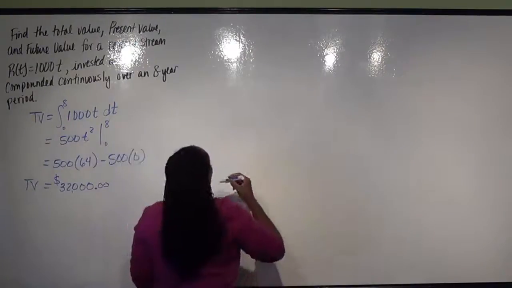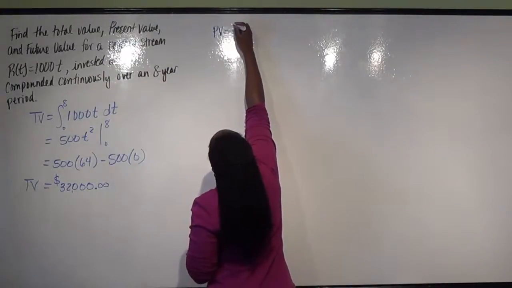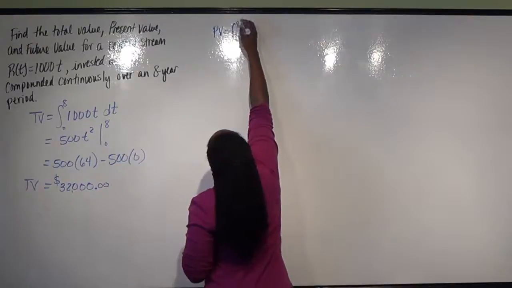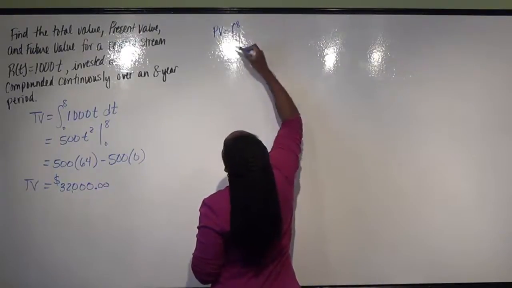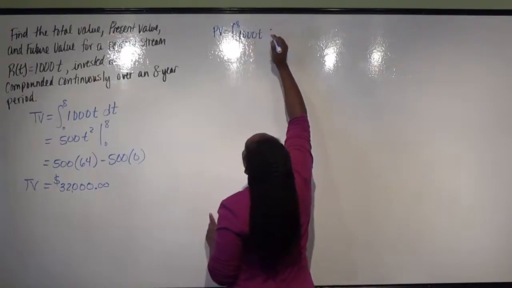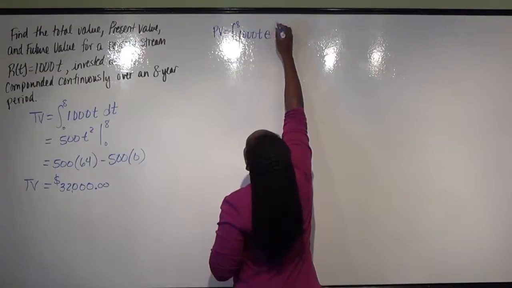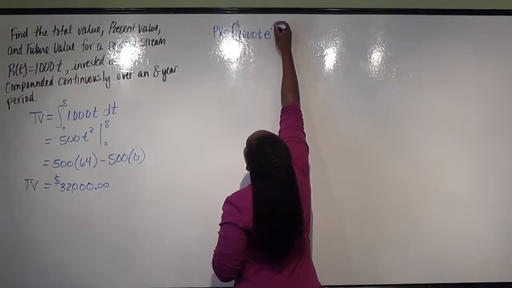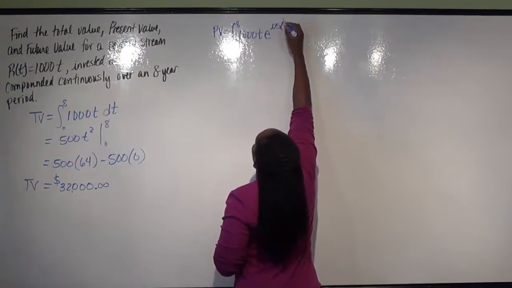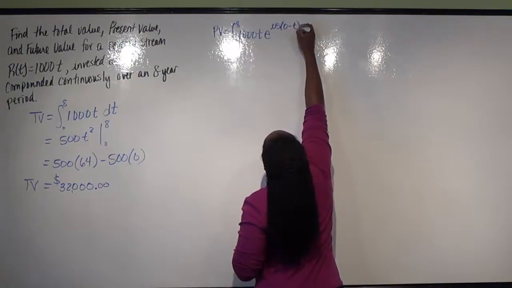For our present value, again, the setup is similar. So over the interval 0 to 8, we're going to take our income stream, which is the 1,000 t, but now we're going to invest it at a rate of 5% from the initial period to our time.